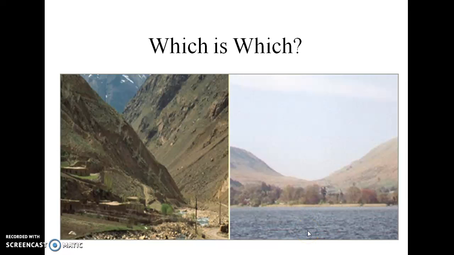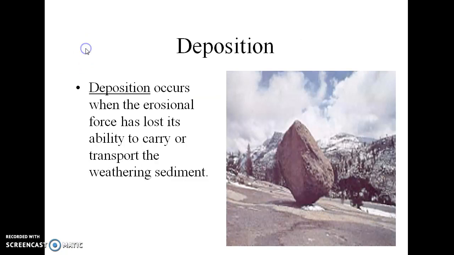Think of the Great Lakes in the northern part of the United States. The Great Lakes were left there by the last glaciation. This, of course, is a V-shaped valley, which would be a river on the left here.